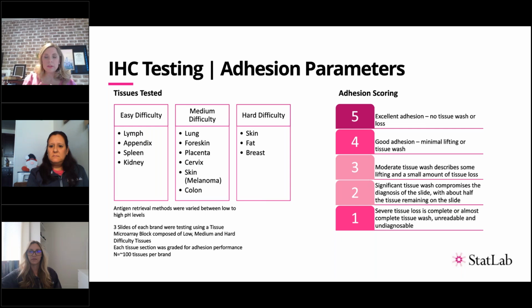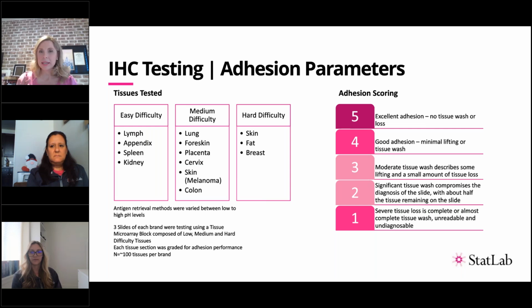So we tested them. We used all of the exact same procedures. We tested them alongside each other using the exact same protocols so that we made sure they were all in the exact same environment, handling the same things, to say, all right, can you hold on to this tissue? And then we looked at every single piece of tissue later to grade it, to say, did you hold on to that tissue or did you lose it?